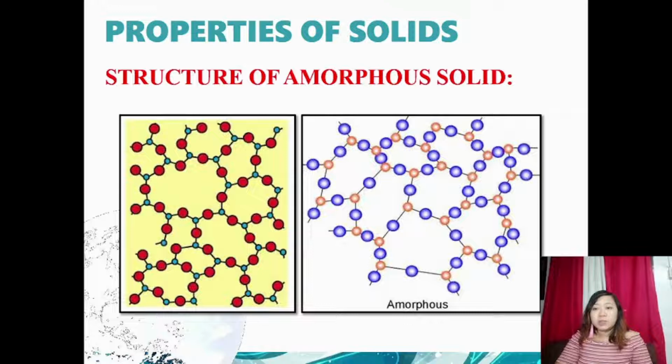This is the structure of an amorphous solid. It has a very unorganized pattern. It has many spaces between the particles, and it doesn't have a definite unit cell or packing type of unit cell.